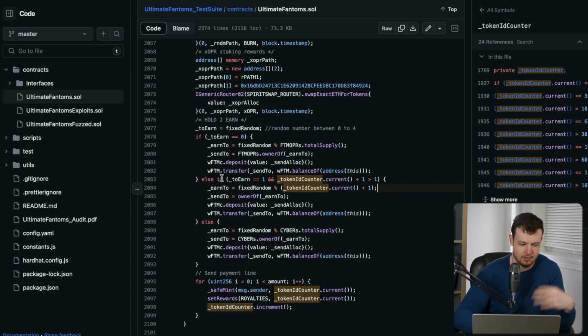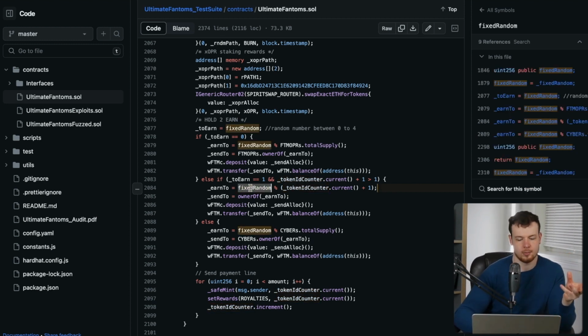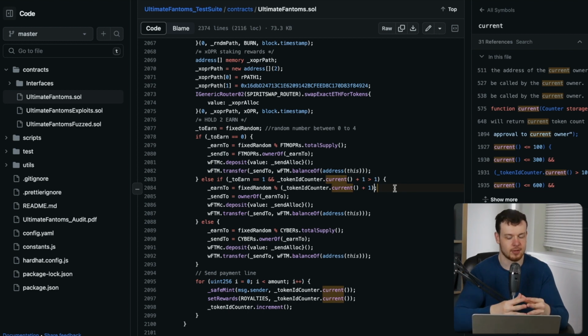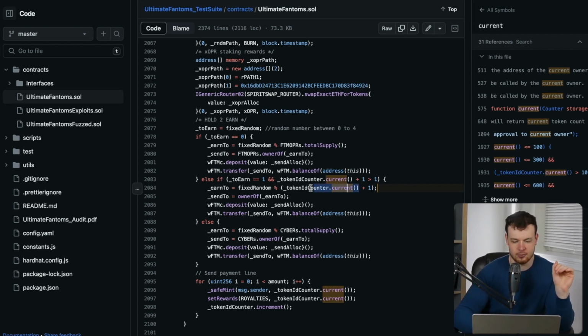We can see I have line 2084 highlighted here, and you might already see why: we have a random number here and we are taking it modulo the token ID counter plus 1. So let's think about this for a second. If I have a counter that is the number at which there is no NFT for this ID, and it's the first one, then let's imagine I was just taking modulo that number.